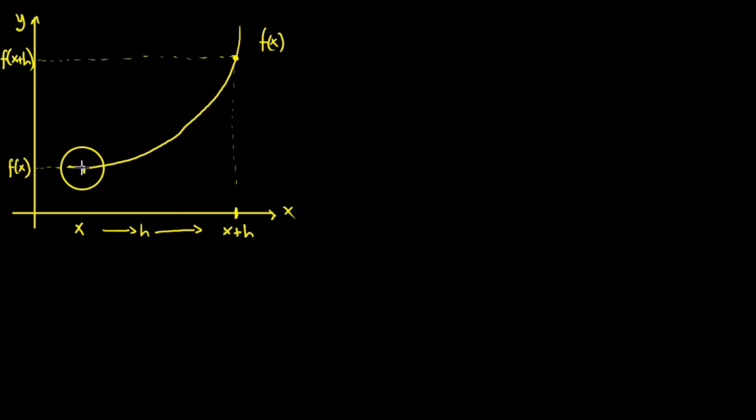Now, the coordinate here is x comma f of x, and that of the coordinate here is x plus h comma f of x plus h.